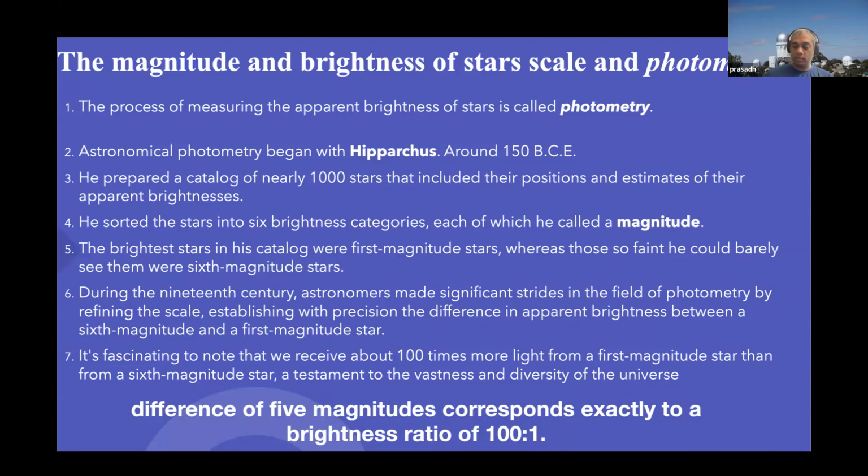So if you take a number 1 star and a number 6 star, the number 1 star is 100 times brighter than the number 6 star, right? That's how his scale works. Basically, he developed a scale to represent brightness, and now in astronomy, we call this the magnitude scale.